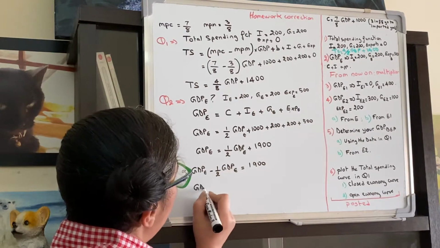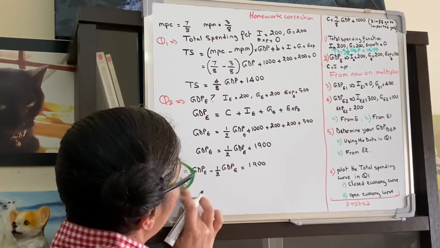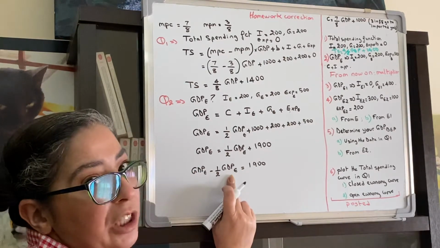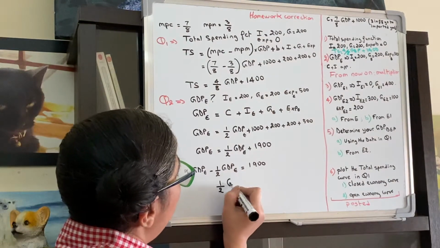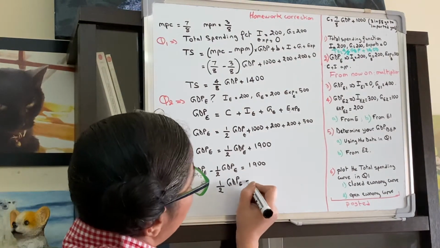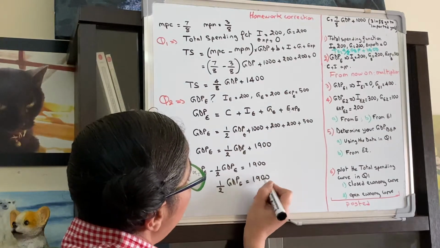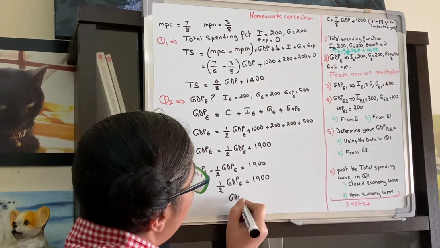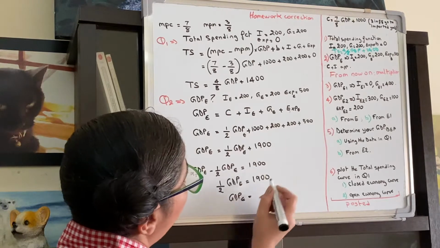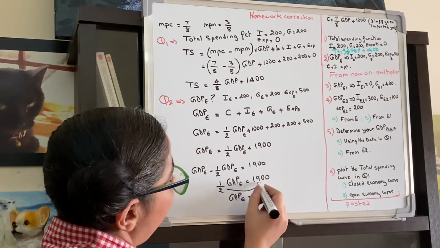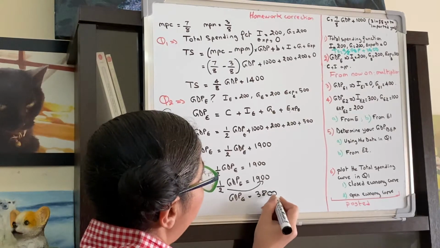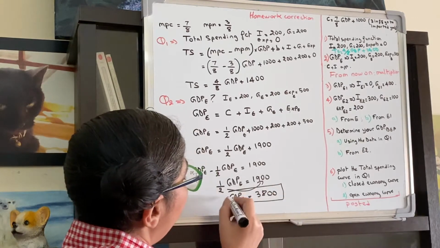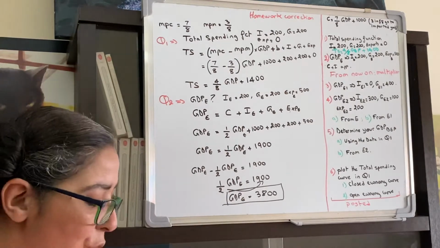GDP at E minus half GDP at E, it's the other half, so half GDP at E is equal to 1,900. So GDP at E is equal to 1,900 by 2, that would be 3,800. And that would be your result.